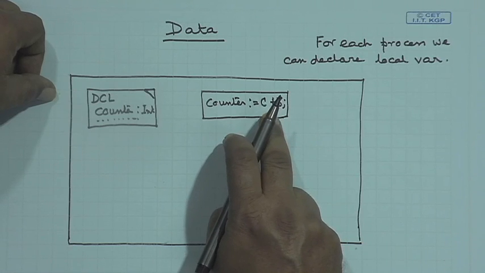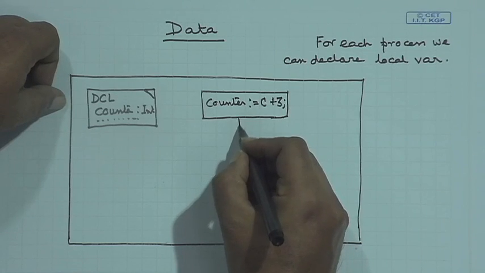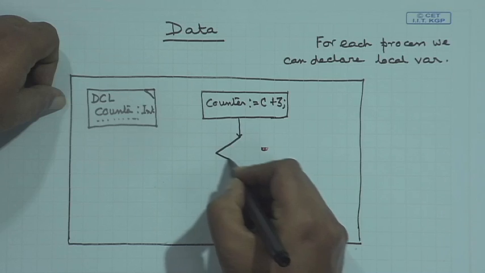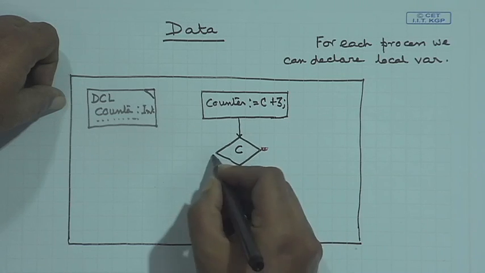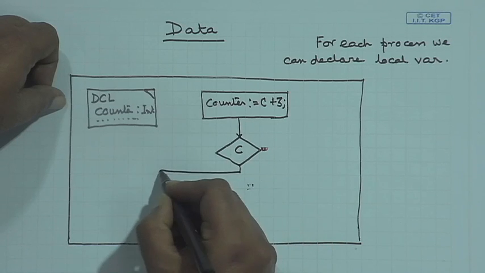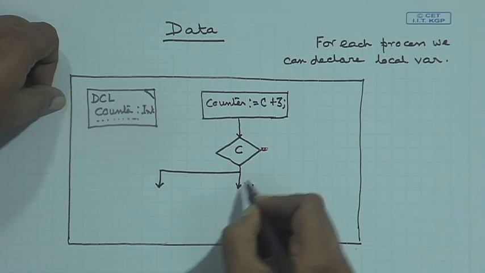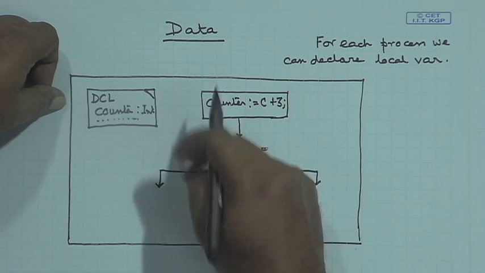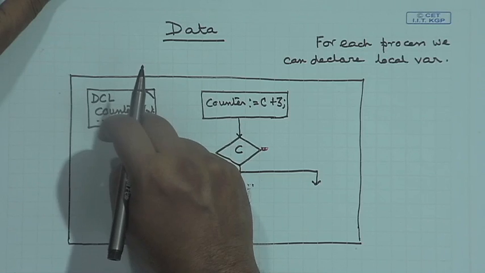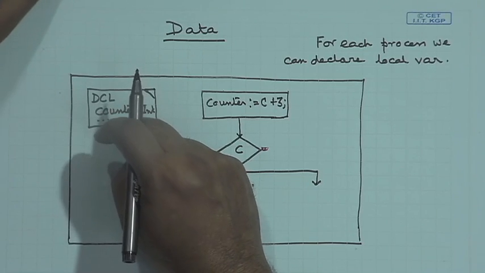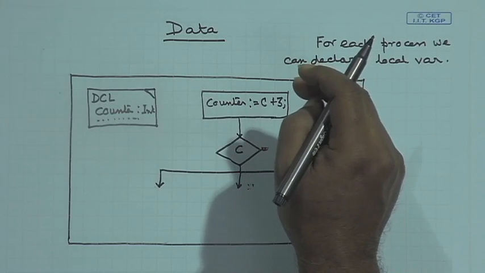So, this counter, and then we come and check the value of counter, and just like a switch statement, based on that I can take different paths. This sort of action is also possible. Therefore, I can also put in data over here. We will look at a concrete example of how we can do the data, but the main thing is that we can specify data inside a process.